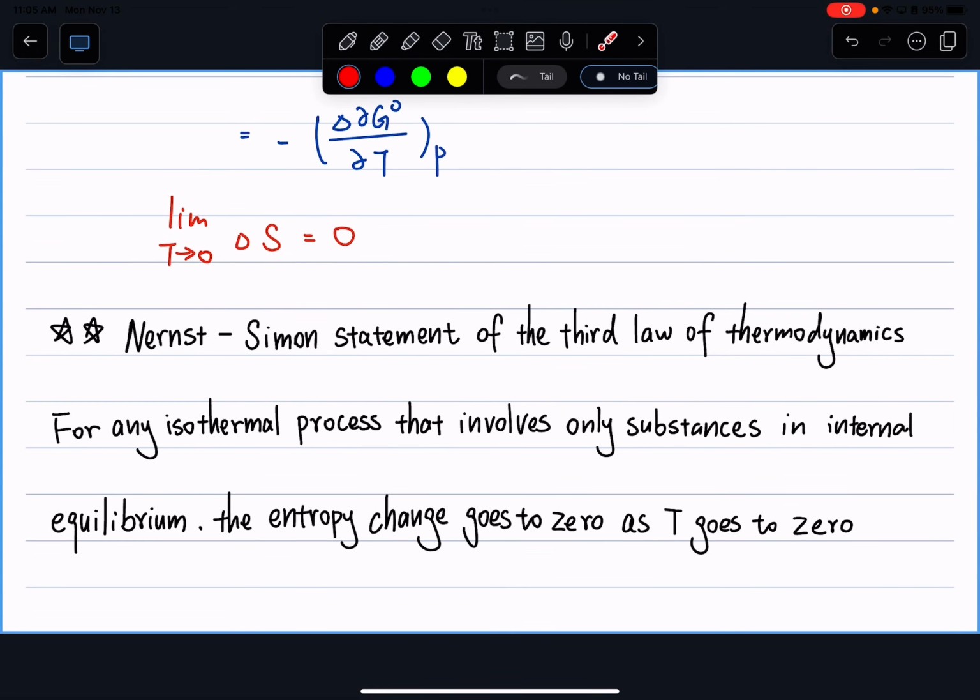It says that for any isothermal process that involves only substances in internal equilibrium, the entropy change goes to 0 when temperature goes to 0. So that's our statement here. When temperature goes to 0, your delta S equals 0. So that's a quick review of what we covered in our last lecture.